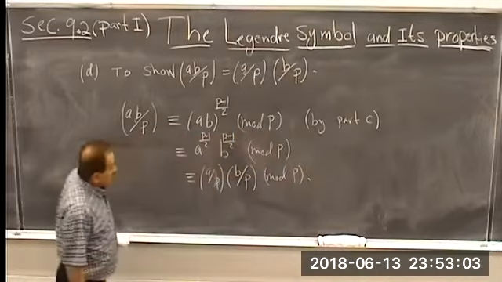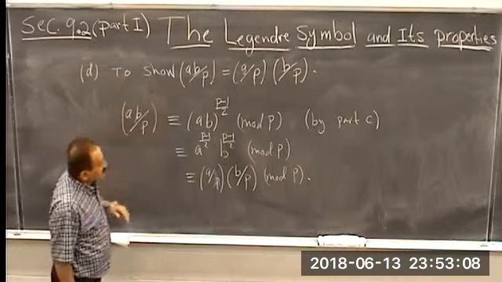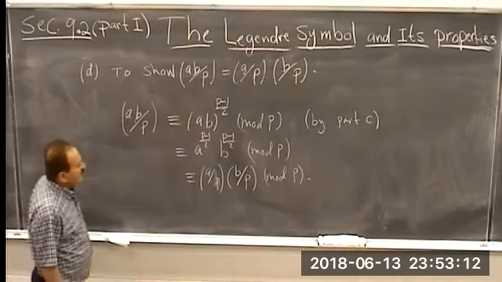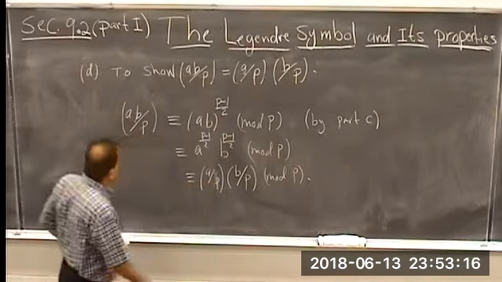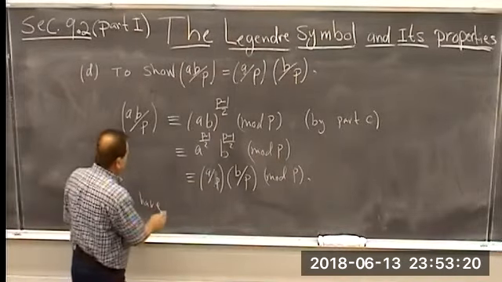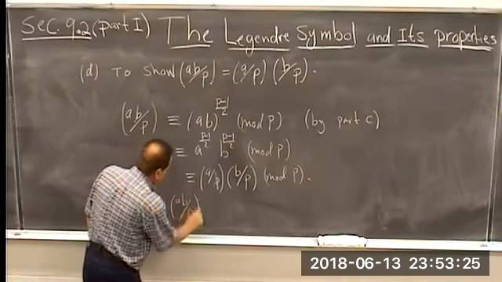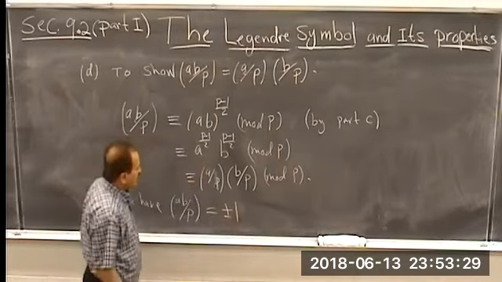Well, that's not enough, because here we're saying it's congruent. Here I want to show it is an equality between the Legendre symbols. Now we need one other thing: we know that (AB/P) is equal to plus or minus 1, all right?